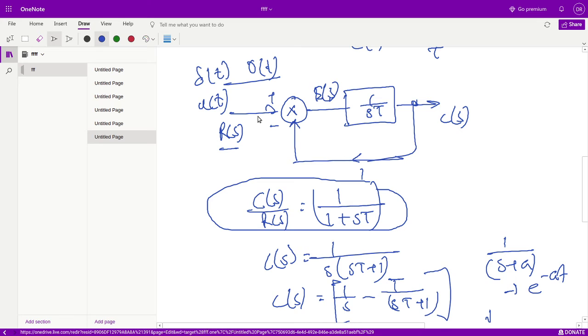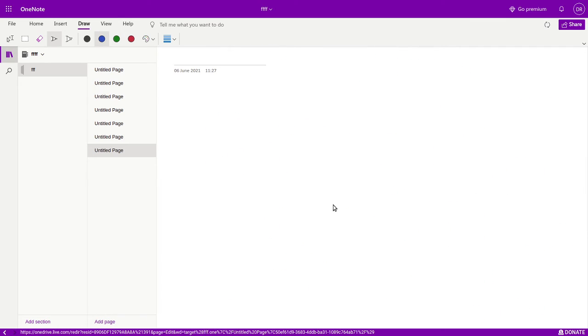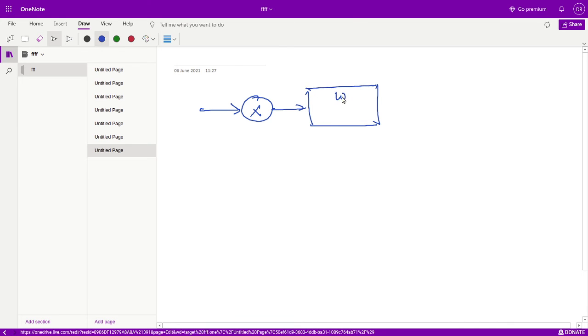Okay, so now we discuss the time response of a second order system. This is very important. A second order system has two poles, and one thing should be remembered: for a second order system, the typical expression of the open loop gain is omega n square divided by s into s plus 2 zeta omega n.